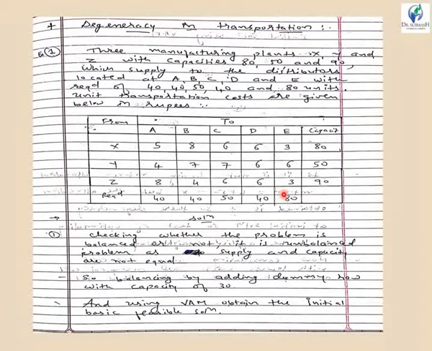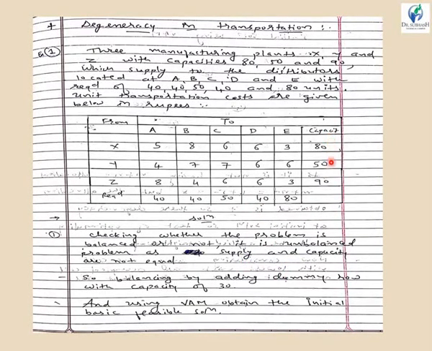Now let us check what happens. The very first step that we had studied is checking whether the problem is balanced or unbalanced. If you add the supply capacities as well as requirements, one can find that this is an unbalanced problem.